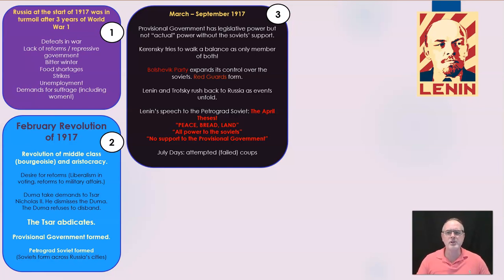Lenin also makes clear in a series of street meetings that the Bolsheviks have three aims for the people in the slogan, peace, bread, land. His other statement is all power to the Soviets, by which he means all power to the working classes, not to the provisional government. Throughout July, there are numerous attempted coups.